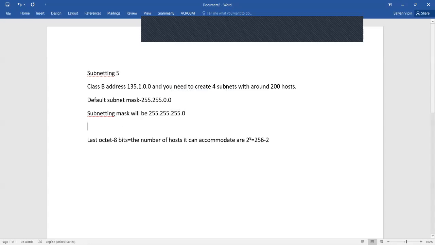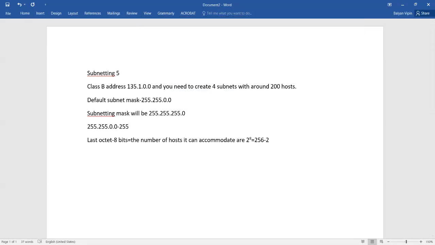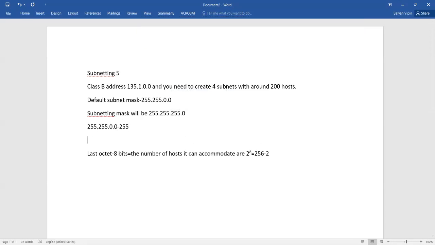So if I have to write it in this way, the subnetting will start like this, 0 to 255, and then it will be 255.255.1.0 to 255.